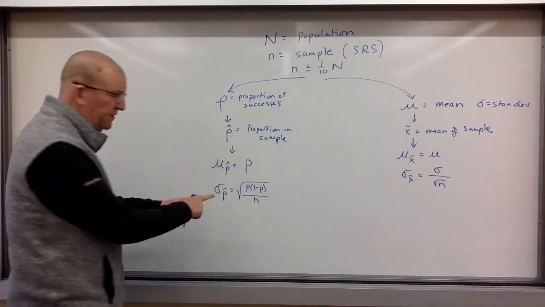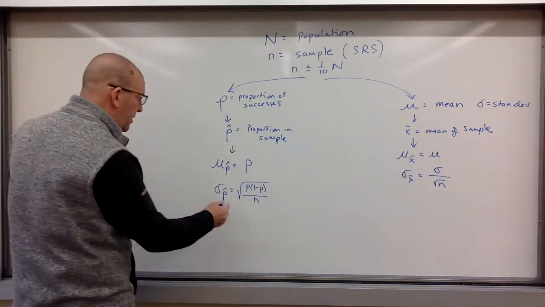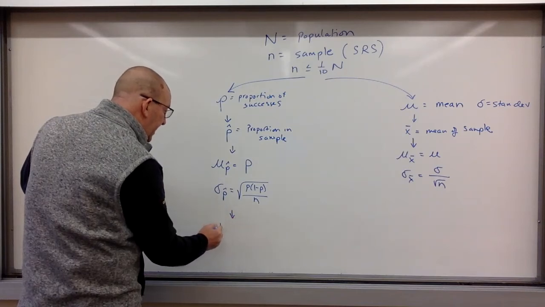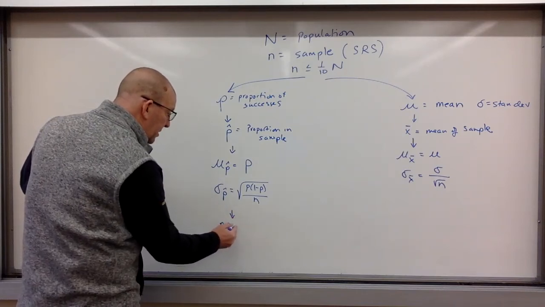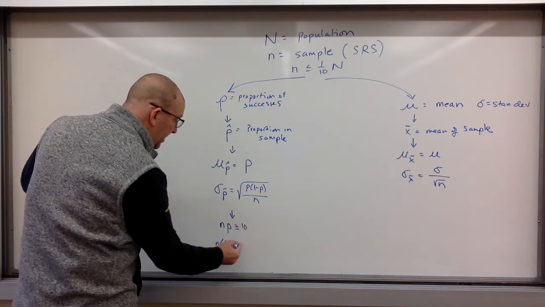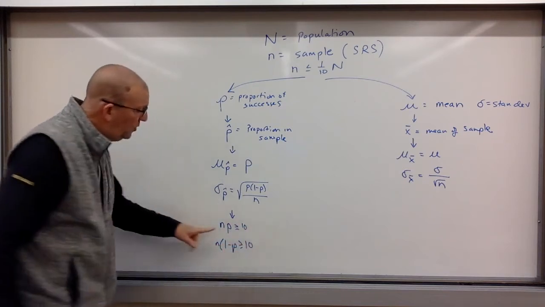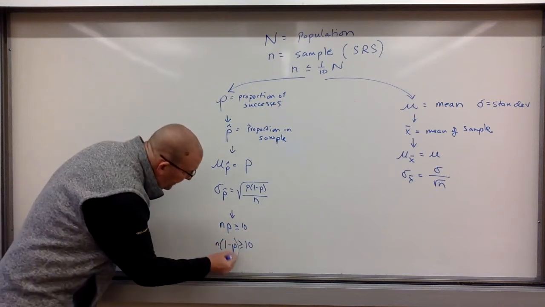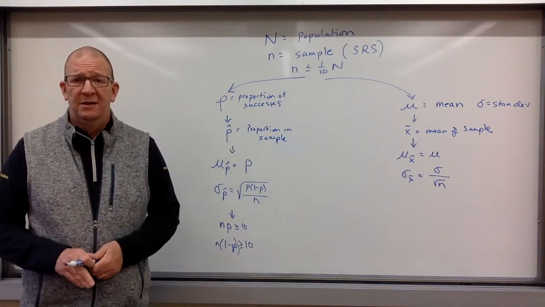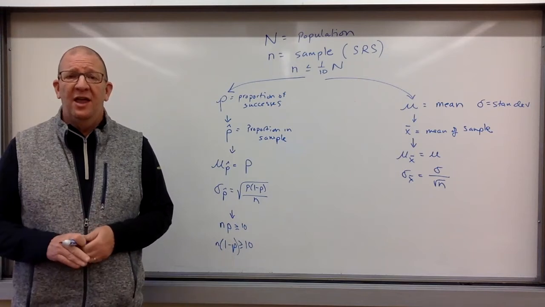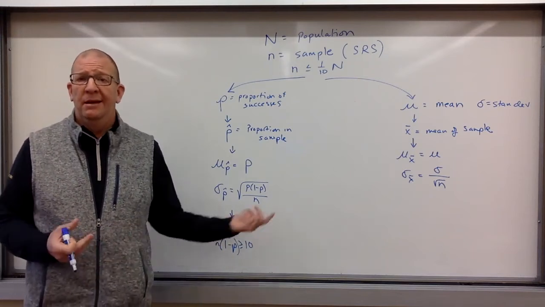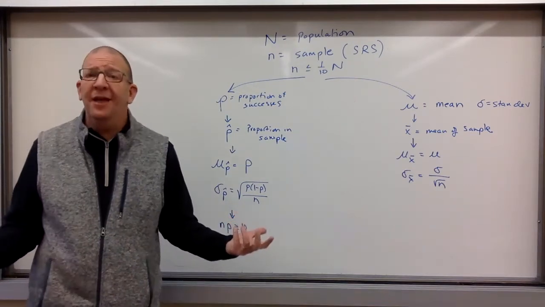Let's go over here first because this is the most straightforward. We simply run a test and we say np greater than or equal to 10 and n(1 minus p) greater than or equal to 10. Now, what does that mean? Well, this means that is it even worth studying? We often say if you want to do the proportion of teenagers that get more than 10 hours of sleep, you're not going to have more than 10 in any sample.